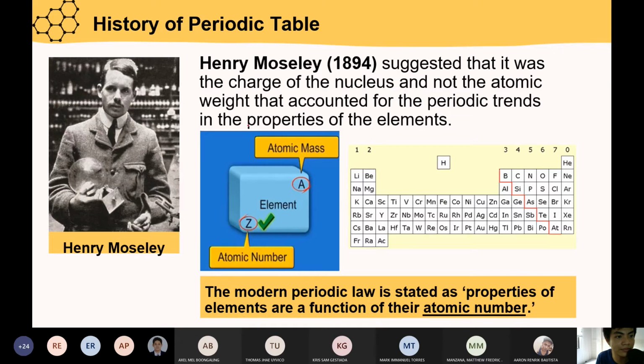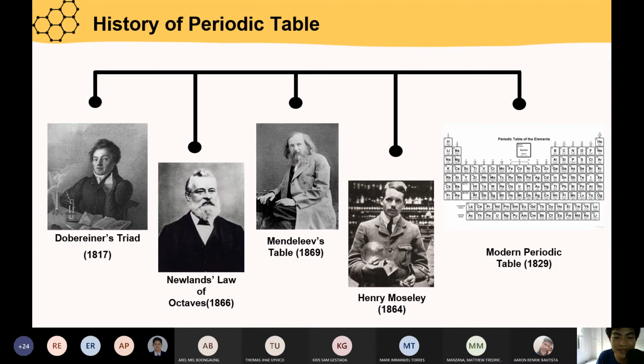Wait, I had trouble scrolling here. There. So again, to summarize everything, Döbereiner, there were still few elements. So what he did is that he arranged the elements in triads, no? Wherein the 3 elements will have similar properties. Okay?